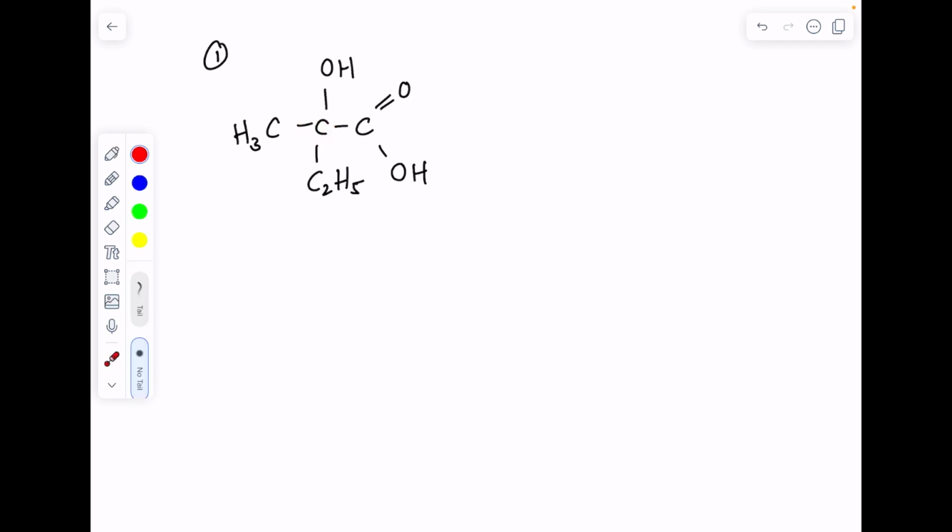The reason for that is we have 4 different groups attached. The hydroxyl group here, the carboxyl group here, we have C2H5 and CH3. Do notice that when we use the word group, we're not just referring to a single atom next to that central carbon, it's all the preceding atoms until we reach the end of the chain.